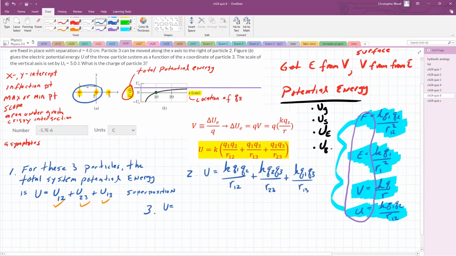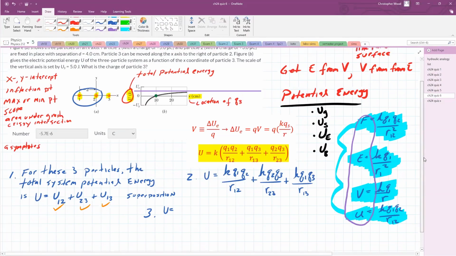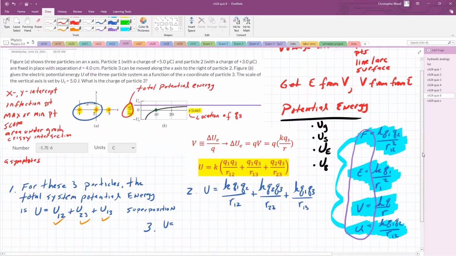Okay, maybe I'll do, what's R12? R12 is the distance between particle 1 and particle 2. Just follow the subscripts. The distance between particle 1 and particle 2 is, for me, 0.04 meters. So I can just say this is going to be 0.04 meters. What's the distance between 2 and 3? That's variable.